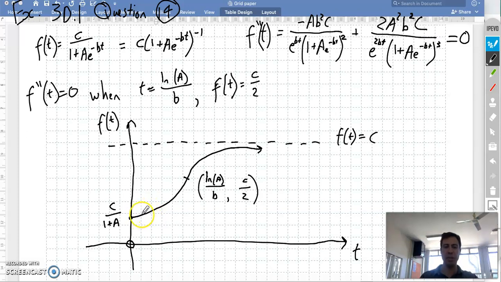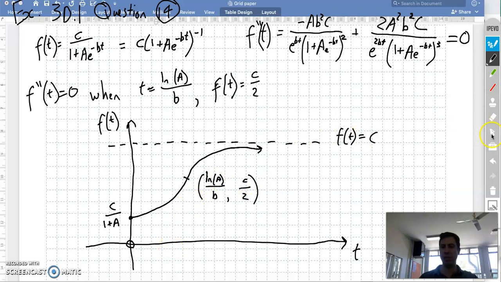We might want to add that the second derivative will be positive in this region here where the gradients are increasing, and the second derivative will be negative in this region here where the gradients are decreasing. Okay?